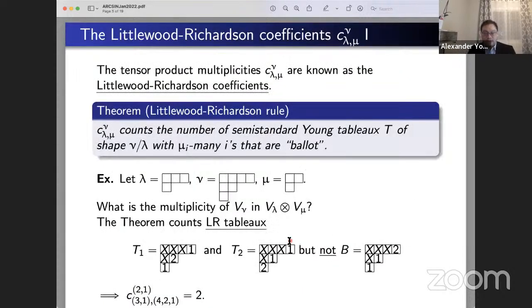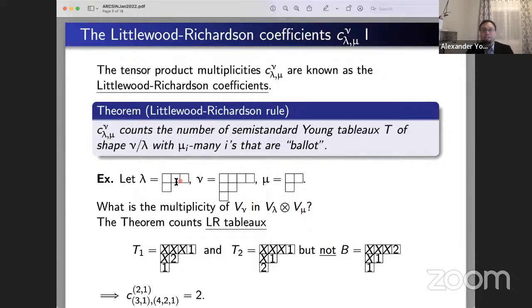Okay, I mentioned semi-standard Young tableau, and I want to tell you a little bit of combinatorics of how you compute these tensor product multiplicities. So in my business, they're called Littlewood-Richardson coefficients because of the work of Littlewood and Richardson. If you haven't seen this rule before, maybe it's easiest to explain it in terms of an example. Imagine I'm trying to take the tensor product of V lambda with V mu and figure out how many times V nu appears.